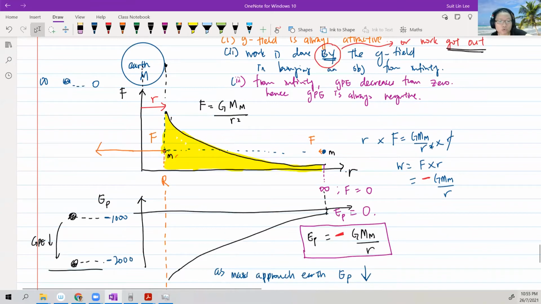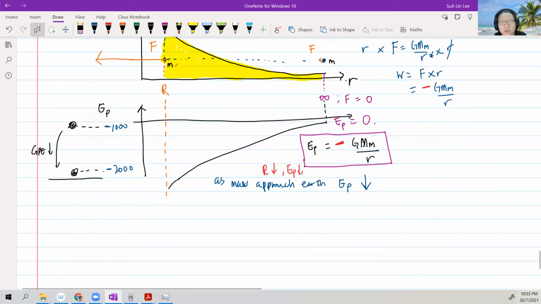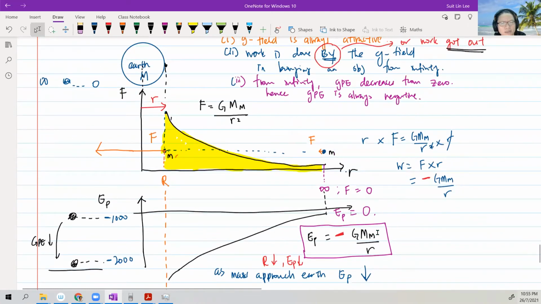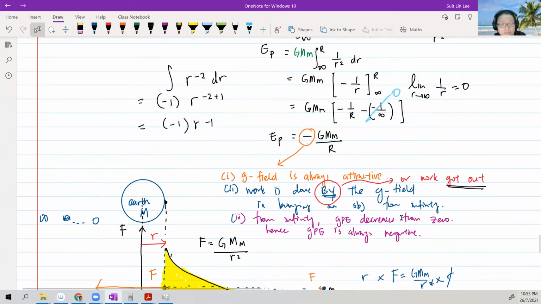So whenever we move towards, when mass approaches Earth, when R decreases, EP decreases. Because when people look at this equation, they say, teacher, when this R is small, doesn't it mean that the number is bigger? Yes, but it's a bigger negative number, so it still decreases. Okay, that's it.